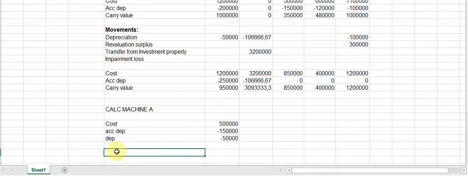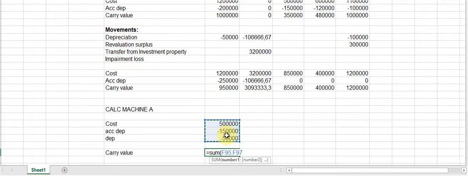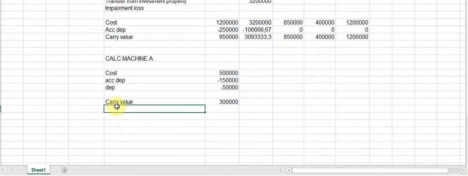So what is the carry value of this asset? The carry value at year end is 300,000. Then we need to go and look at the net replacement value or the fair value. The net replacement value or the fair value for this machine is 850,000, which gives us an upward movement between the current carry value and what it should be, which is the fair value.